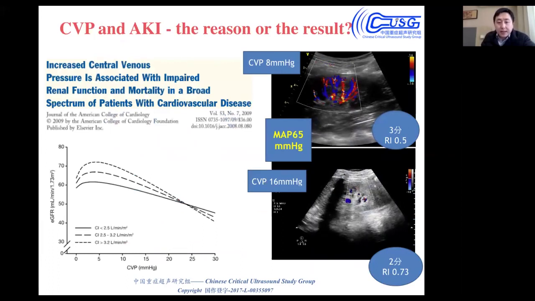One of the key consequences is high CVP caused by ACP. The higher CVP value can decrease the flow of the kidney and cause acute kidney injury. As we see from this video, we can see a lower CVP.